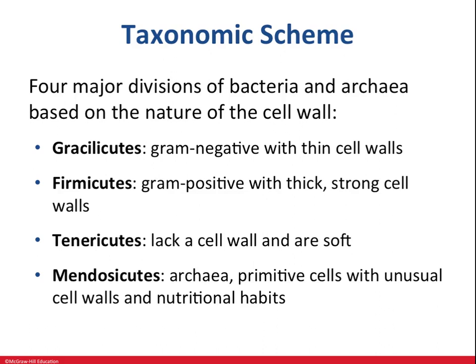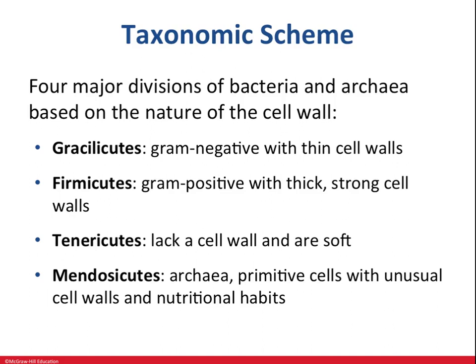We can divide them into different groups, the 4 major divisions of bacteria. Gracilicutes is gram-negative with a thin cell wall. Firmicutes is gram-positive with a thick, strong cell wall.